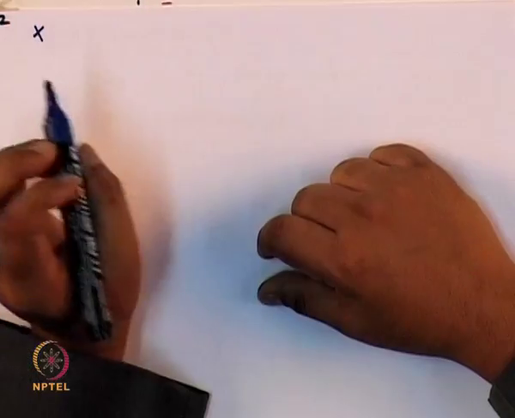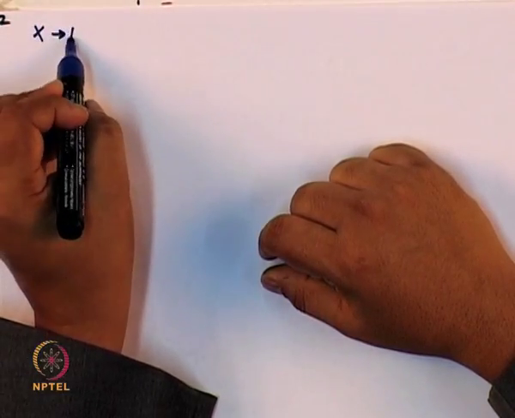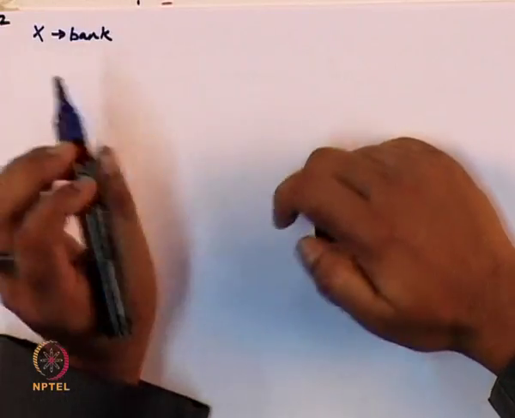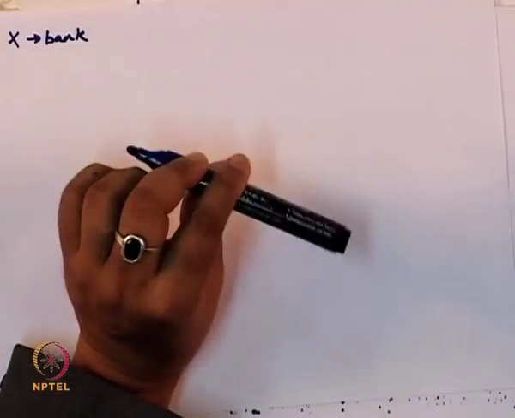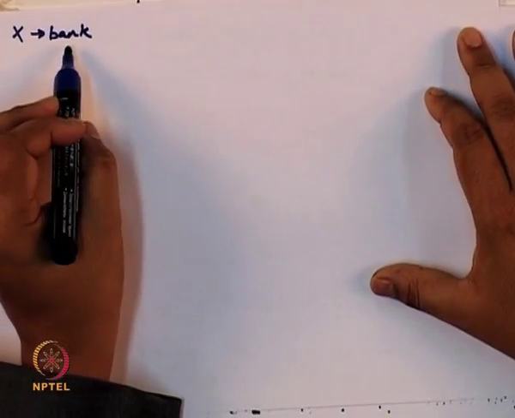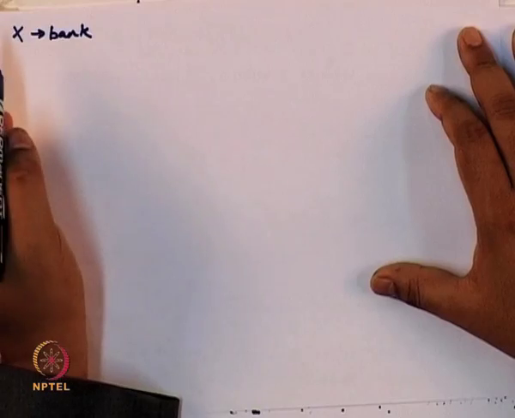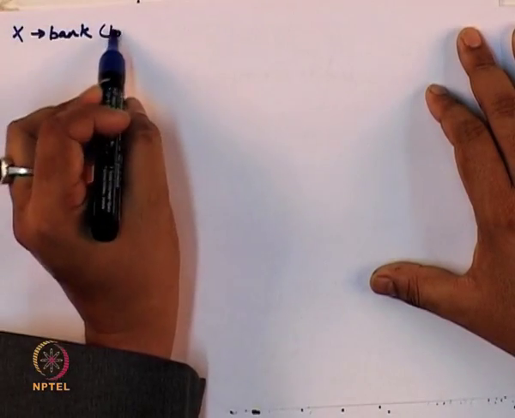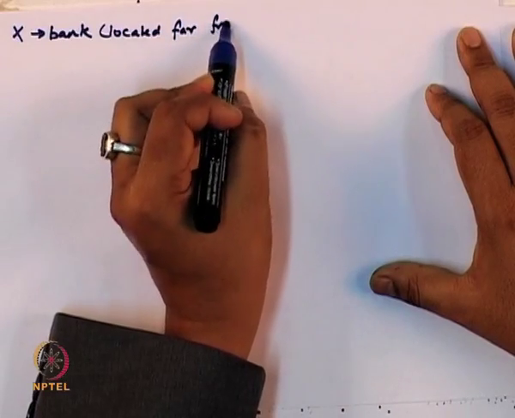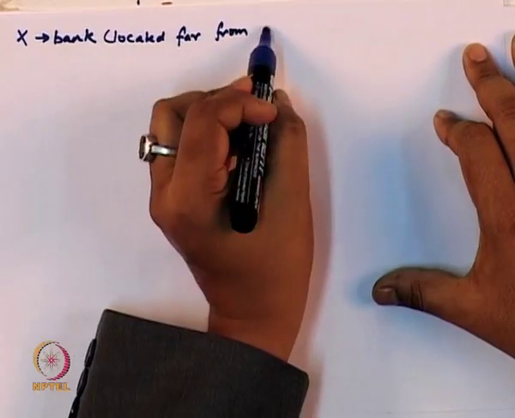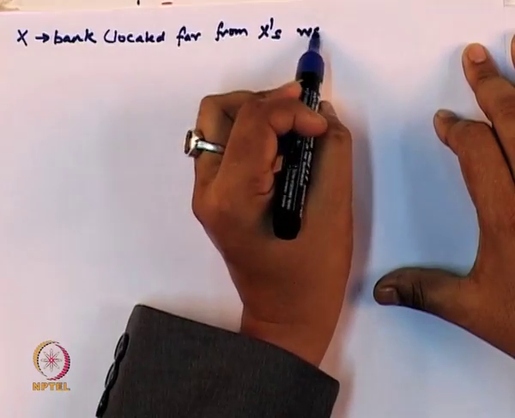Okay. Let me come to another example. Imagine that a person X works in a bank, and he works at a bank which is located far from X's residence.